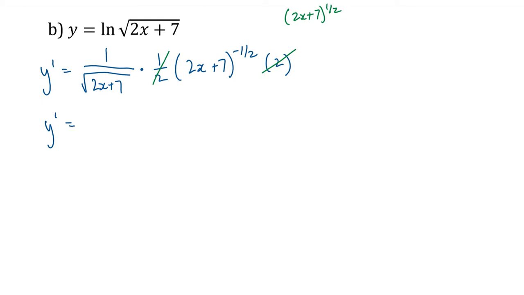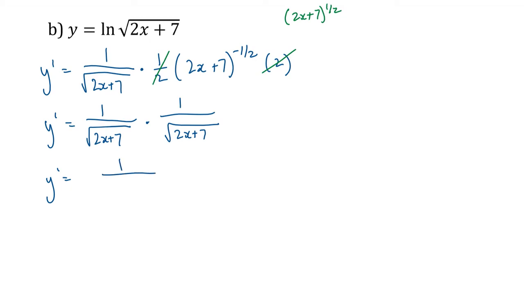and I get 1 over root 2x plus 7 times, well, this is 1 over square root of 2x plus 7. So how can we simplify that? 1 over 2x plus 7. Interesting.